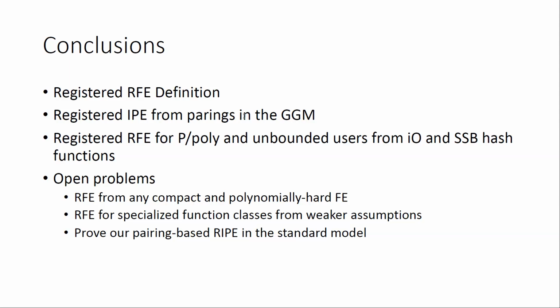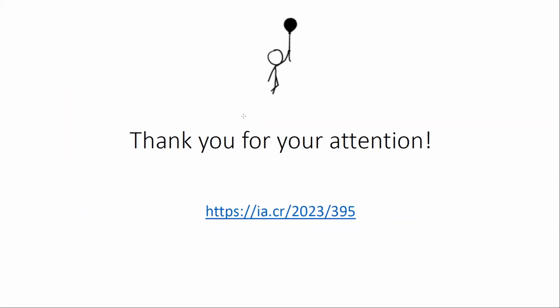What is left open is whether it's possible to construct RFE from any compact and polynomially hard functional encryption, or specialized function classes, but from weaker assumptions. And then, of course, we are using the GGM. It would be really nice to prove registered IP in the standard model. So thank you for your attention, and happy to answer your questions.